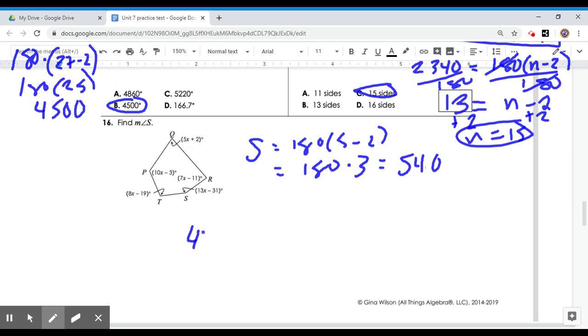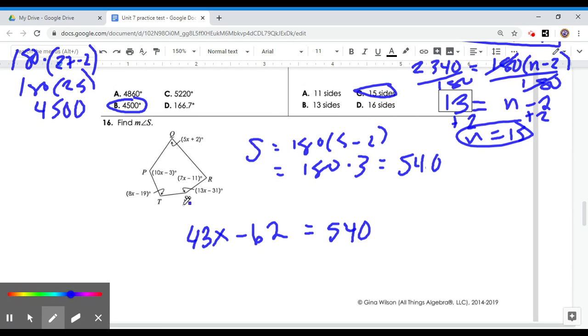So we have 43x, and then we have 2 minus 3 minus 19 minus 31 minus 11 equals negative 62, and that all has to equal 540.